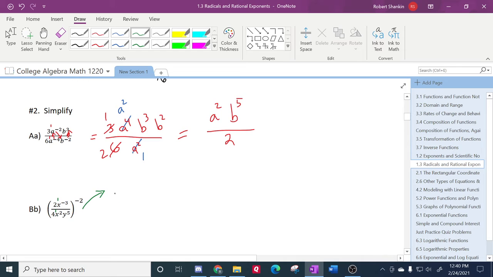So it would become 2 to the -2 x, and then we'd multiply -3 and -2 to become +6. And on the bottom it becomes 4 to the -2 x, 2 times -2 is -4, y. 5 times negative 2 is negative 10.